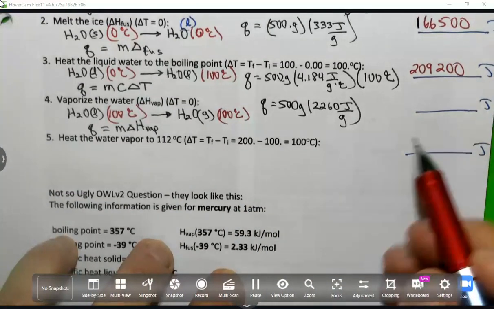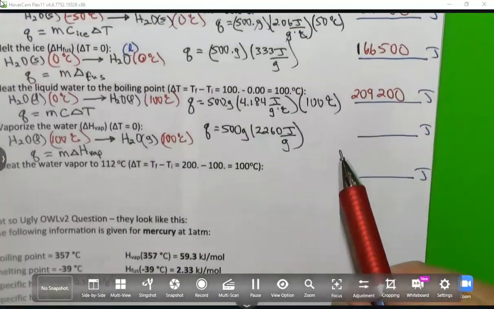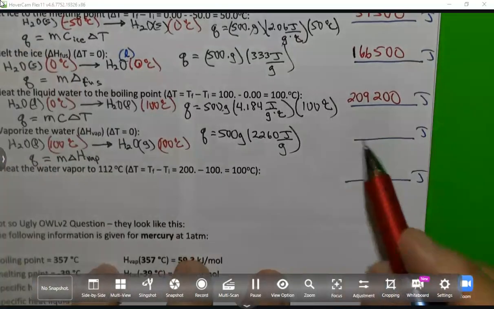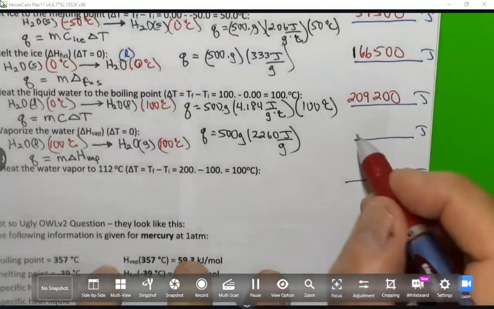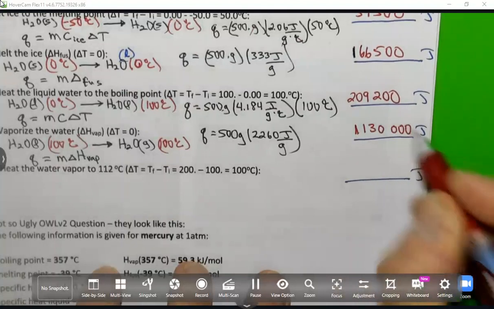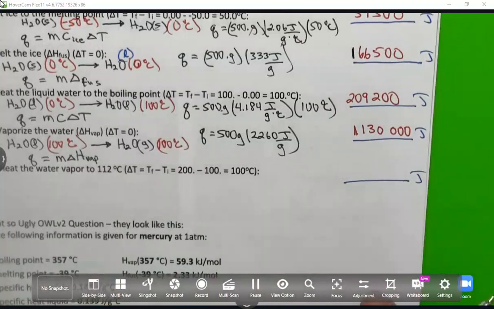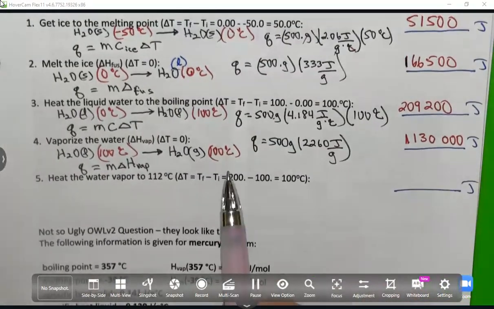It takes a lot of energy to boil water. So this answer here is 1,130,000. So now I have everything converted to a gas at 100.